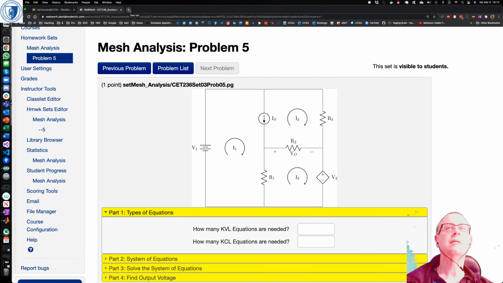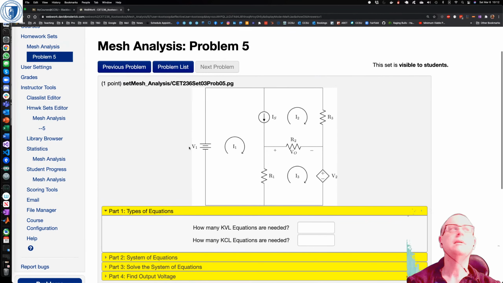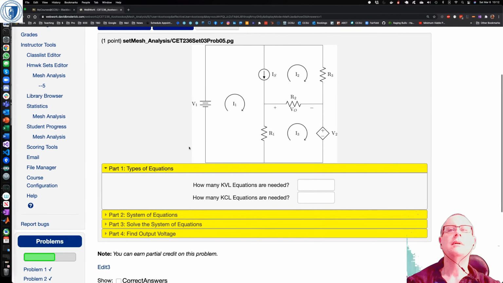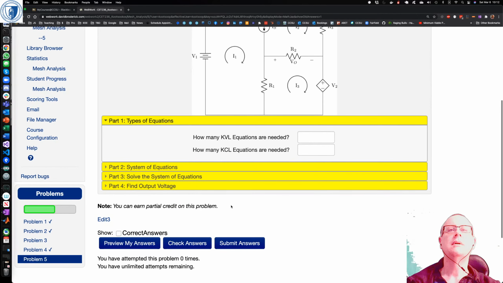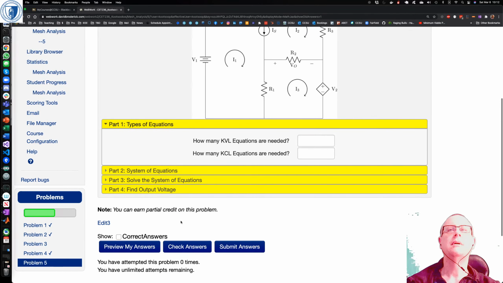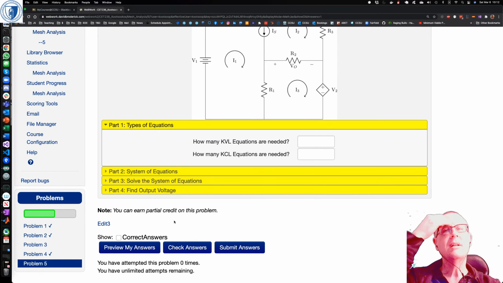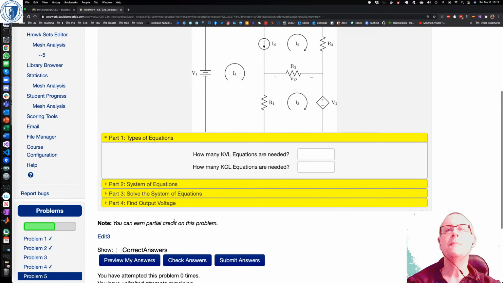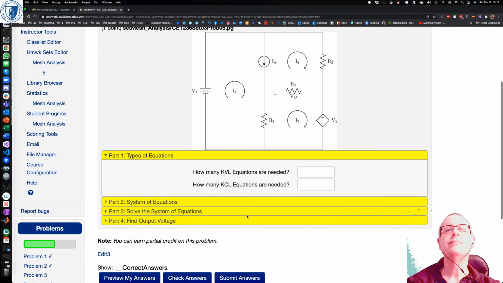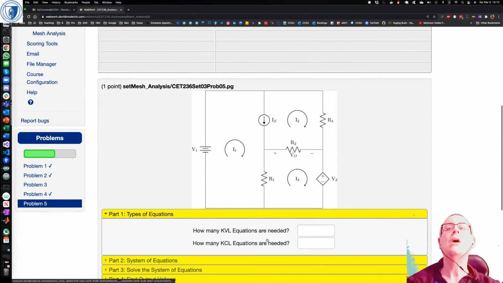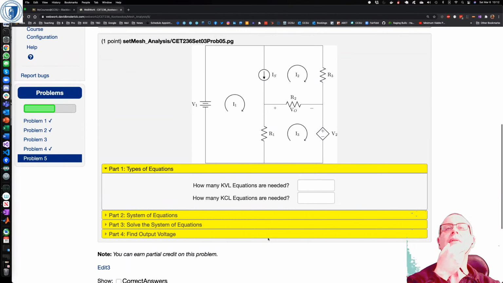I just want to point out, for the homework, if you do end up changing the unlimited attempts thing, then you can always hit preview my answers, and before part 4, it won't give you an attempt, and it'll still move you on to the next phase. I realized that when doing the homework. Sorry, can you say that again? So if you're on part 1 and you want to check your answer, you can hit preview my answers, and it'll move you on to the next stage if it's correct. Oh, okay. That's kind of interesting. But it doesn't work on part 4.